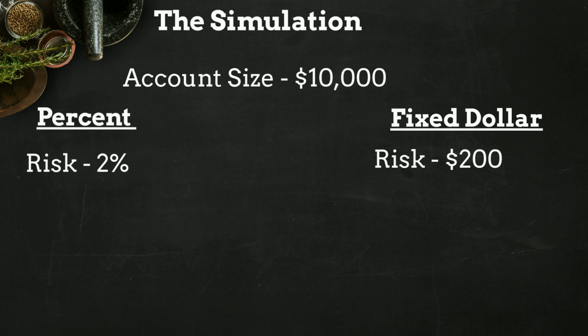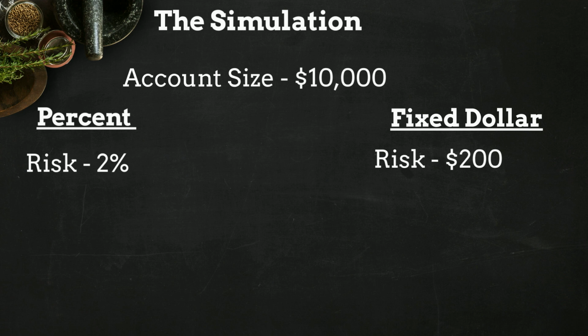The reason we picked $200 is so that at the starting point, the percentage that is risked for each account is the same. So no account is risking more than 2%, just to make it fair. $200 of $10,000 in the fixed dollar method is 2%.